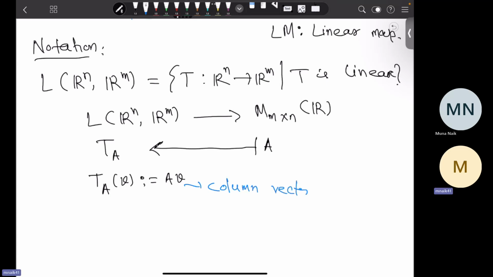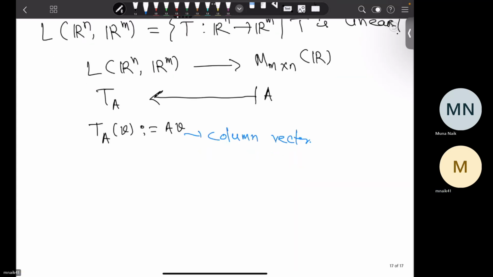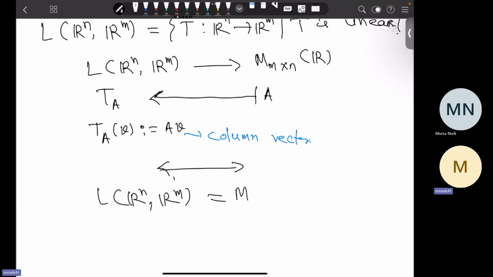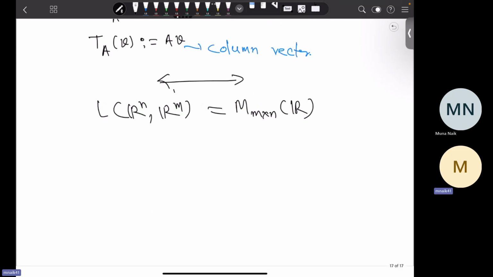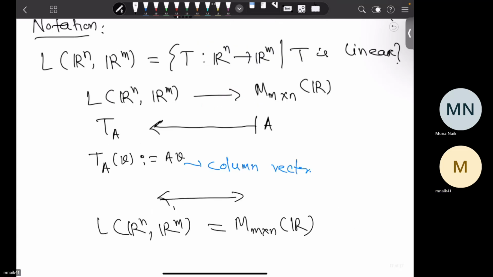Similarly, for a linear map T, you know from the linear algebra class that this is a bijection between L(Rn, Rm) and M_{m×n}(R).